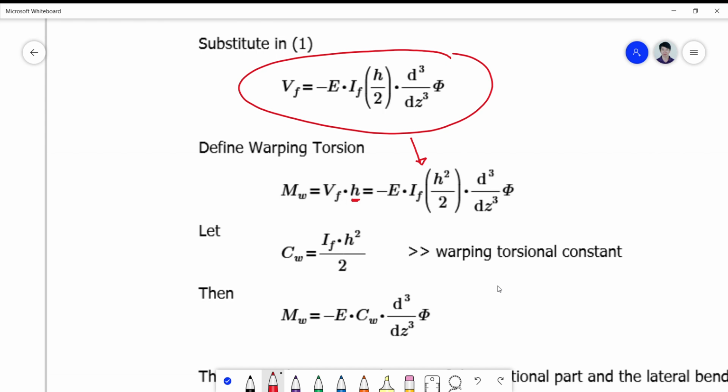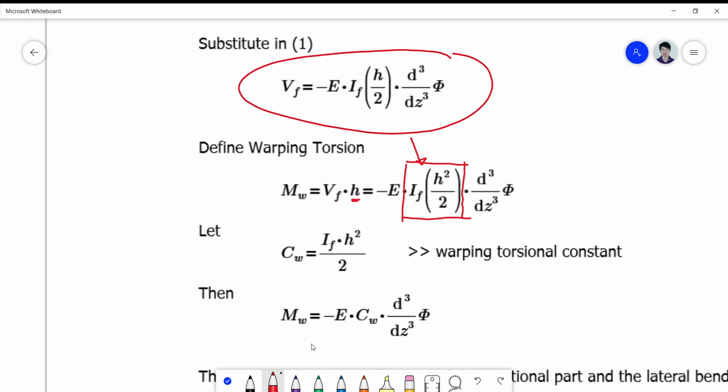And if we let this whole parameter, separating your modulus of elasticity from this inertial property, we can now describe this as your warping torsional constant CW, upon which your values on the rolled shapes sections as introduced on the AISC table was obtained. Okay, so CW is simply equal to IFH squared over 2.